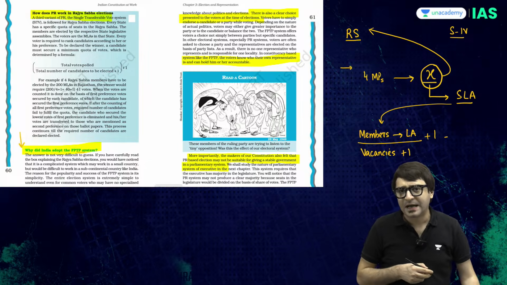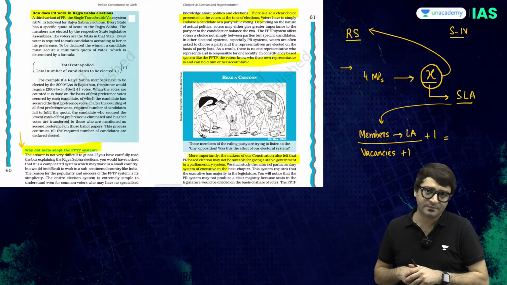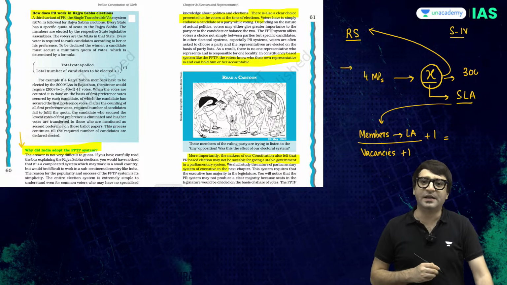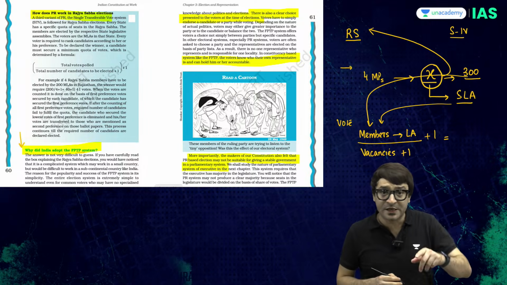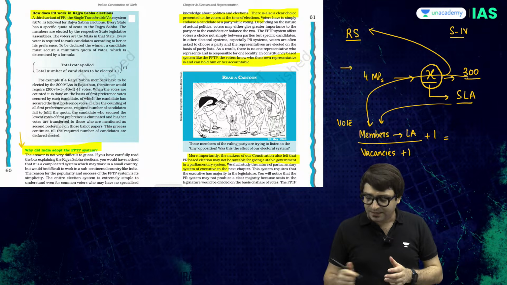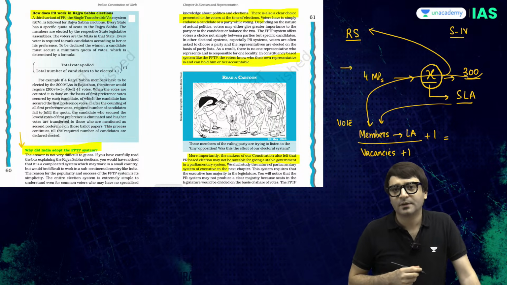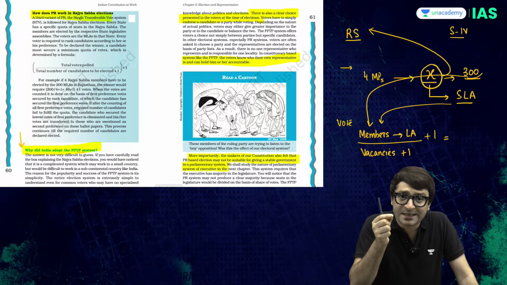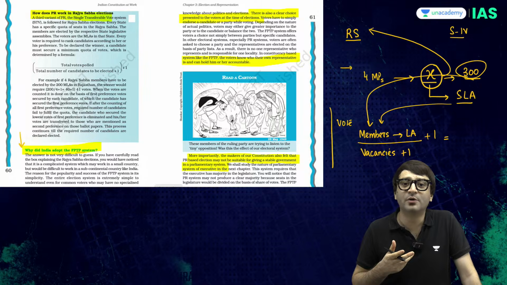Sir, what are you saying? I am saying we have to elect 4 MPs to Rajya Sabha from the state X. And let's suppose X has 300 MLAs. These 300 MLAs will vote, which means who votes to elect MPs to Rajya Sabha? MLAs. Now these 300 MLAs will vote to elect 4 MPs to Rajya Sabha. But how many votes should a particular candidate get in order to get elected to Rajya Sabha? That is determined by this formula.